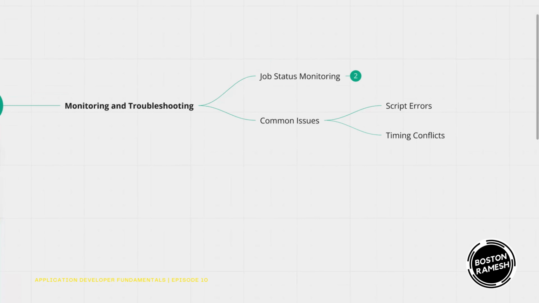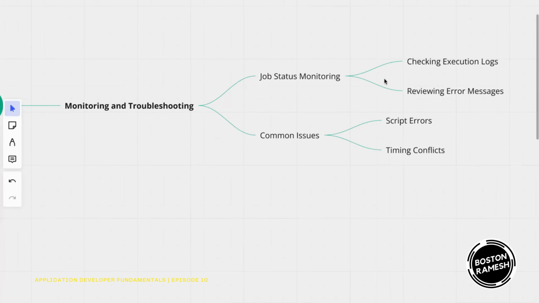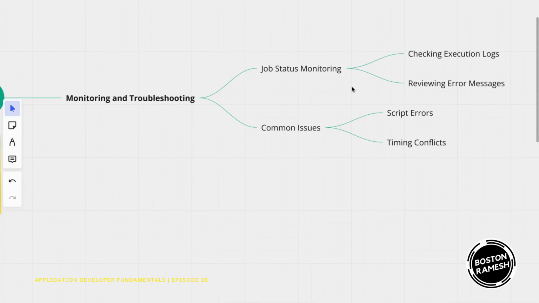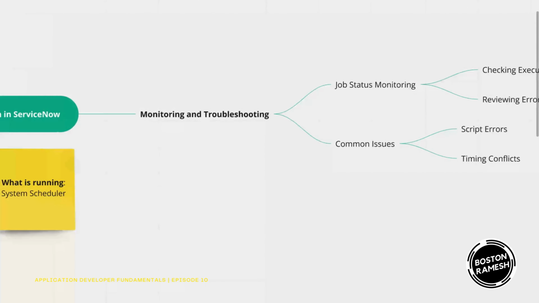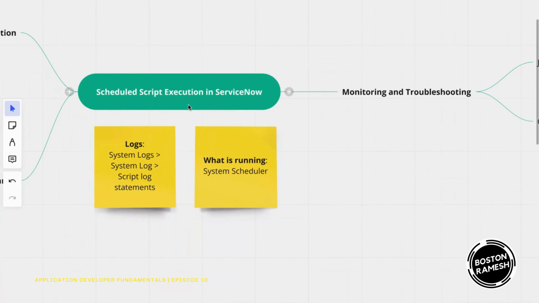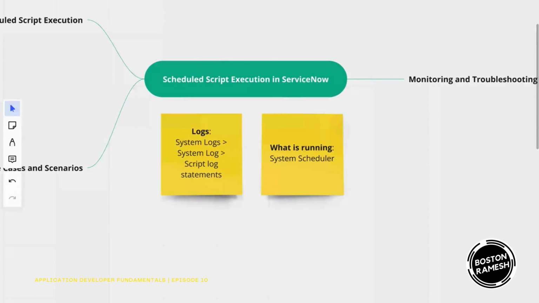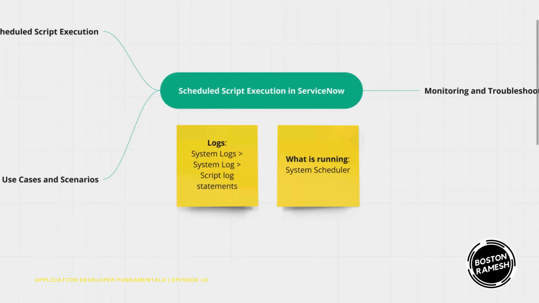For example, if it runs hourly and fails to execute because of this contention, it has to wait for the next hour. And then job status monitoring: as I said, we can check the logs to see what happened and whether there are any error messages. We'll go into the PDI and look at a quick example of how to create, run and test it.